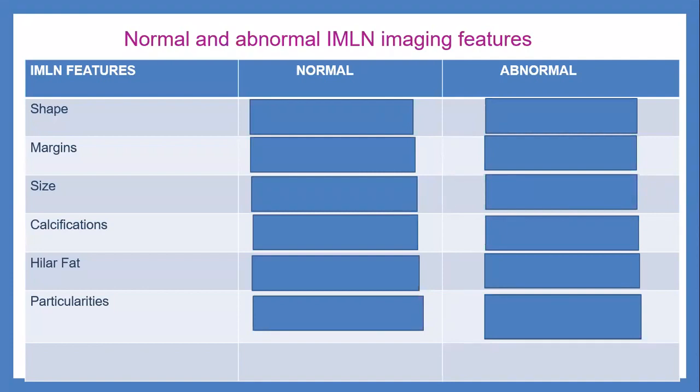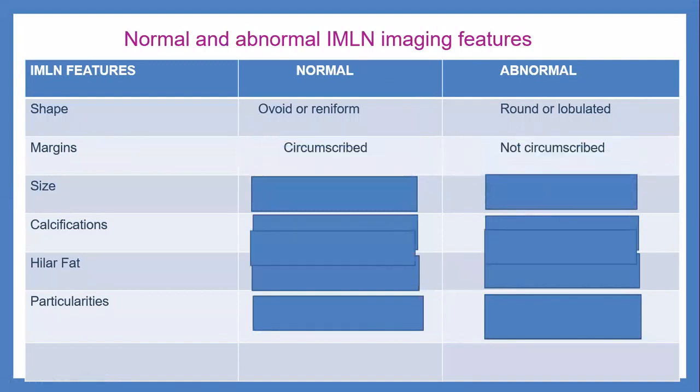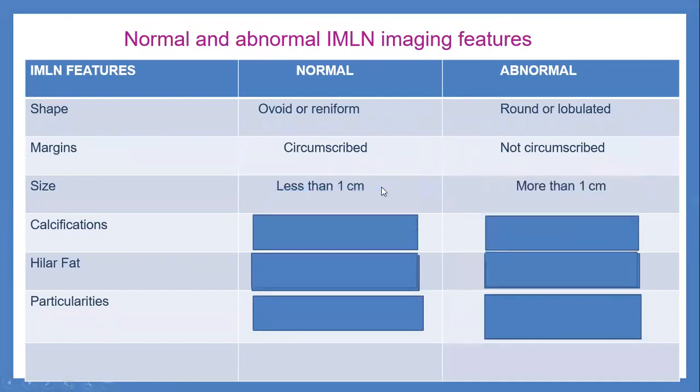Regarding the shape? Oval, reniform, rounded or lobulated. Margins? Well circumscribed, or non-circumscribed. Size? Less than 1 centimeter, or 1 centimeter or less. Calcifications?